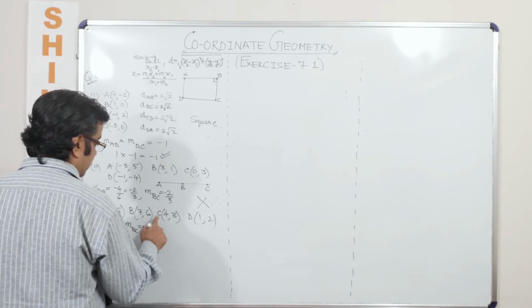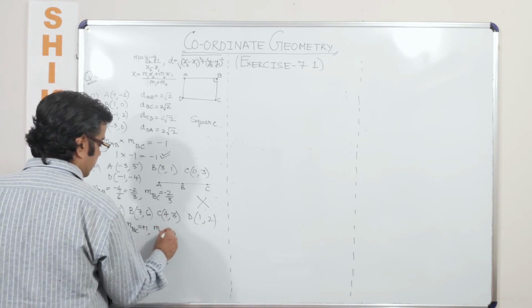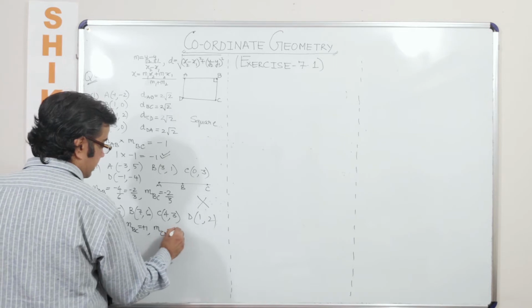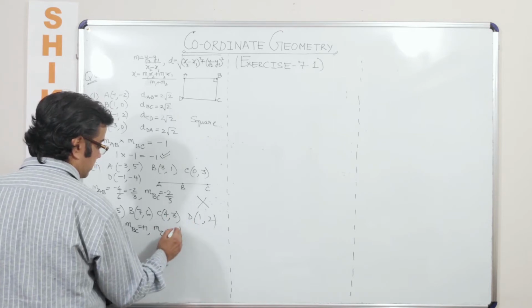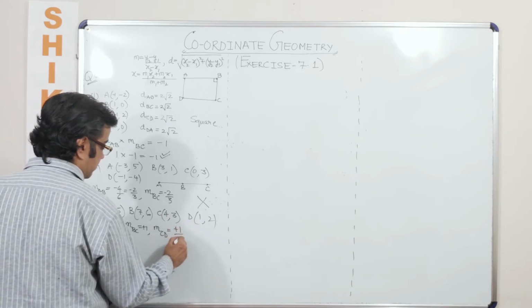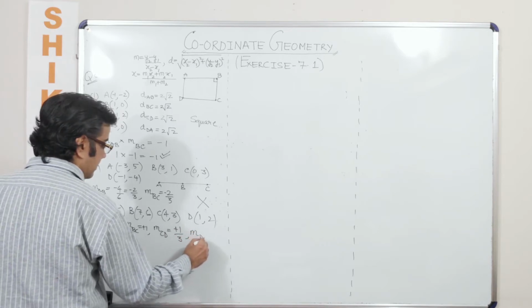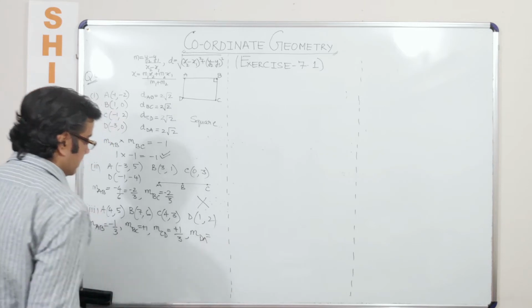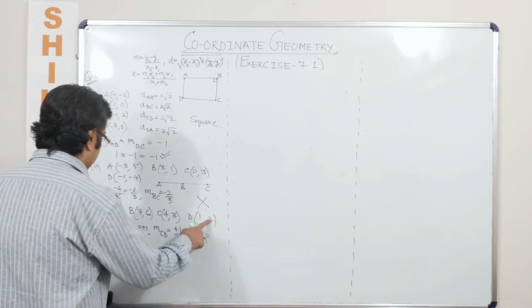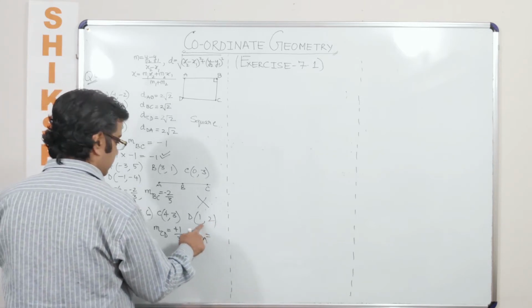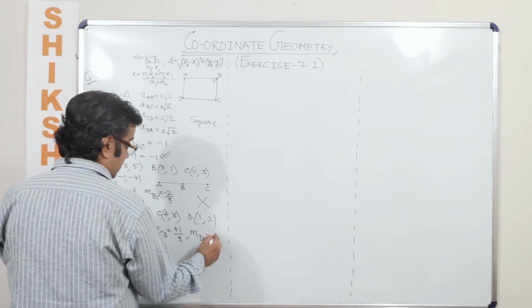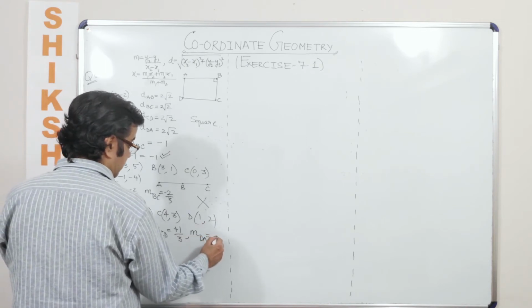Slope of CD: 2 minus 3, which is minus 1, divided by 1 minus 4, which is minus 3, so this becomes plus 1 by 3. And the slope of DA is 2 minus 5, which is minus 3, divided by 1 minus 4, which is minus 3 again, so this becomes plus 1.